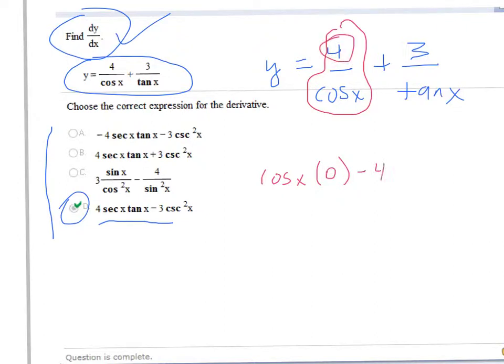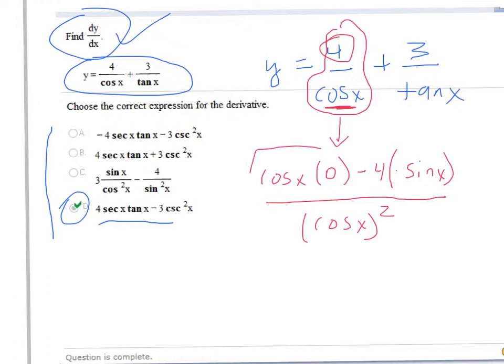Minus top function times the derivative of the bottom. Well, the derivative of cosine is negative sine. All over bottom squared. So just this component right here, okay?